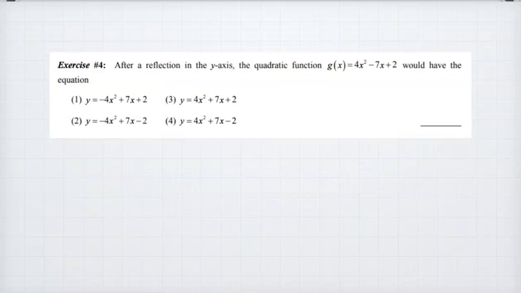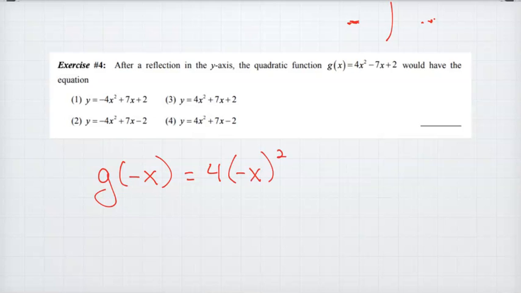And if I have this quadratic g of x and I want to reflect it in the y-axis, reflecting it over the y means I'm going to move in the x direction. So I want to affect the x's, so I'm going to put my negative sign inside, affecting the input. G of negative x means that all my inputs are going to change to negative x's.